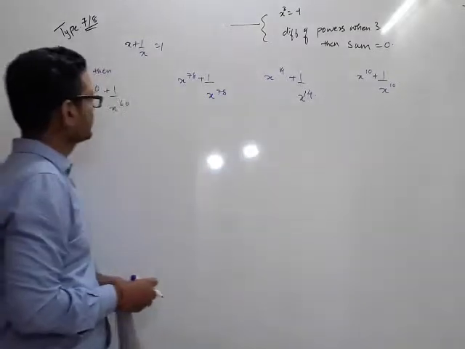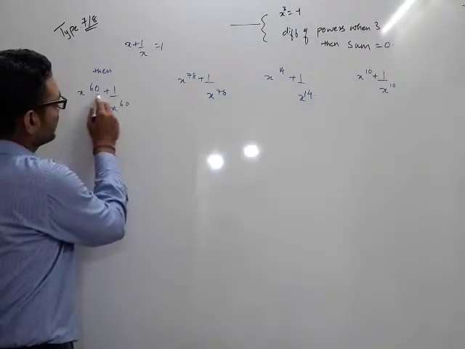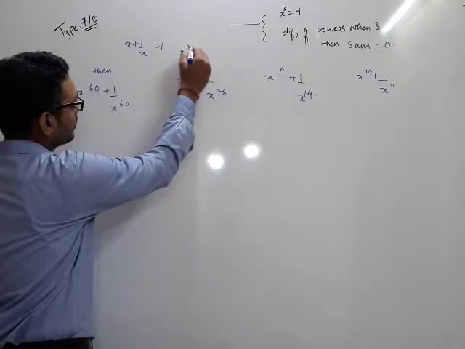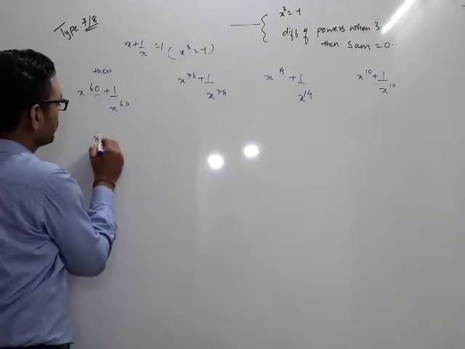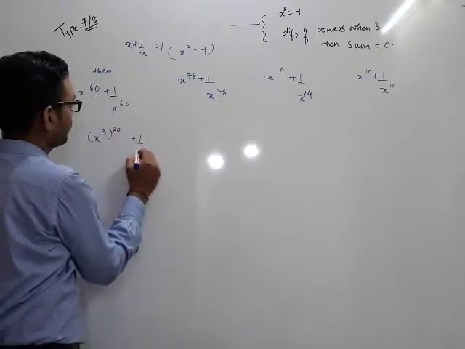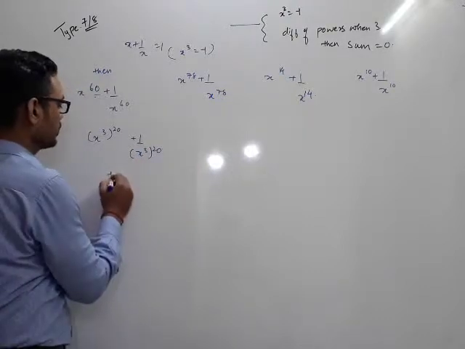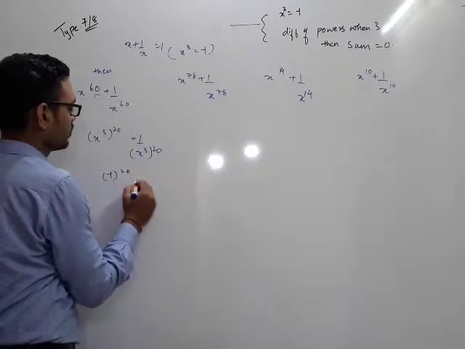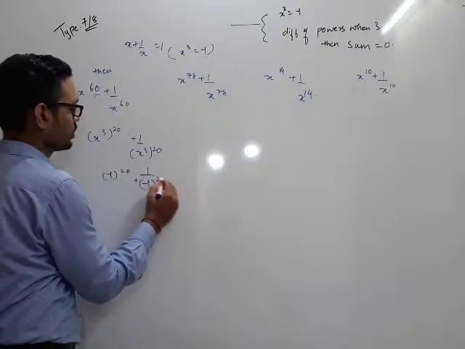Now in order to do this, there are n number of options. We know that x cube will be minus 1. So x cube raised to 20 plus 1 upon x cube raised to 20, it's minus 1 raised to 20.